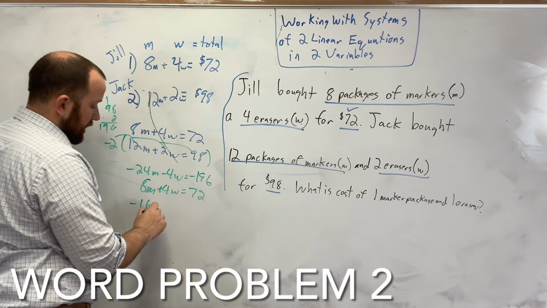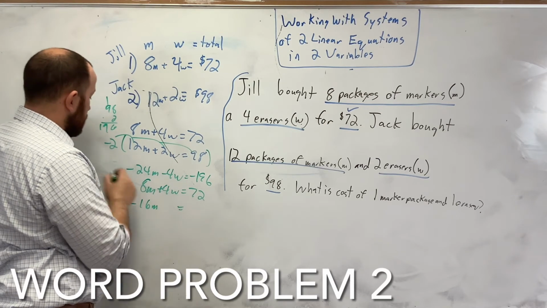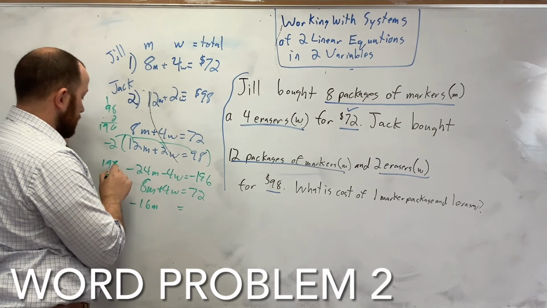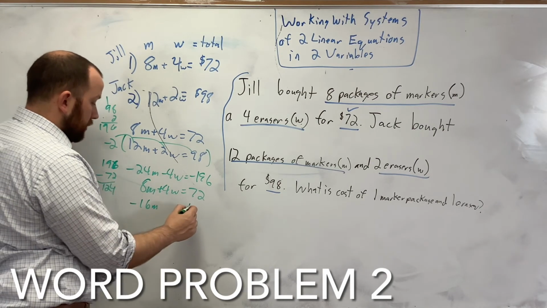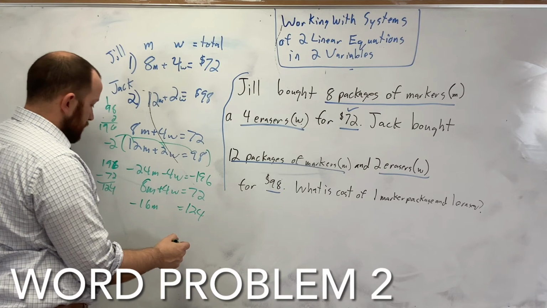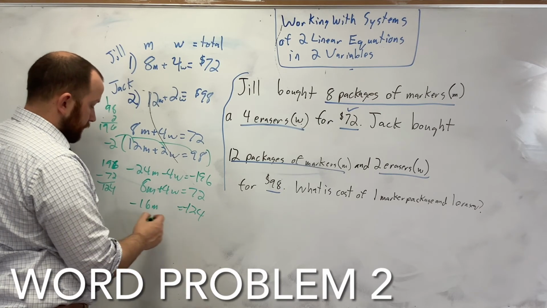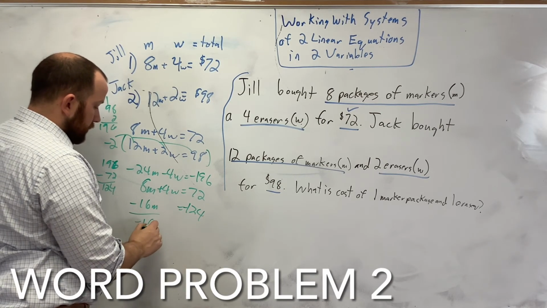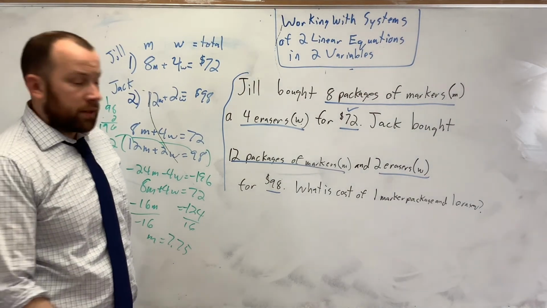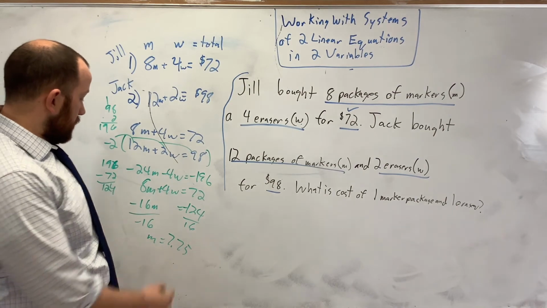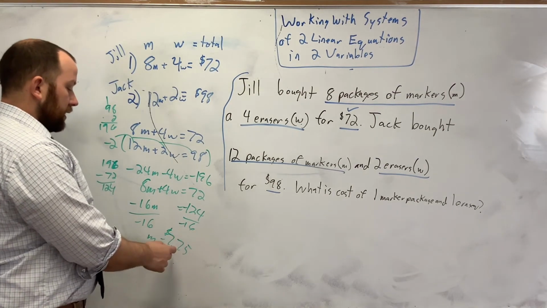Negative 16m equals, again, you don't want to mess anything up, which you probably will anyways. Alright, so M equals $7.75.